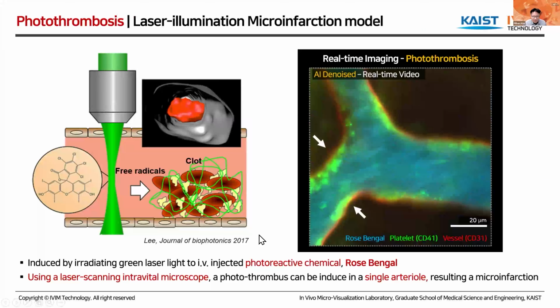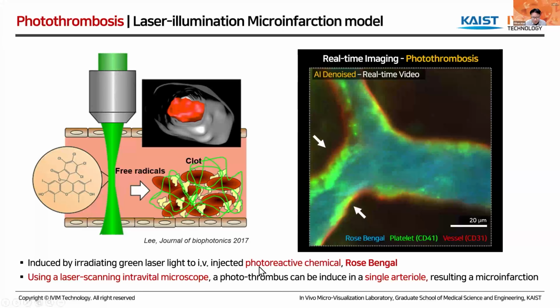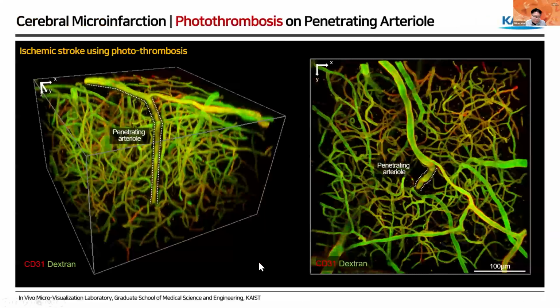Again, I already explained this photothrombosis technique using Rose Bengal. What we can do is make a photothrombus in the penetrating arteriole in the cortex.